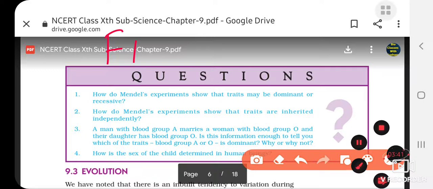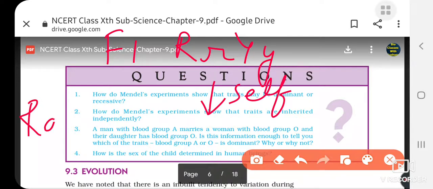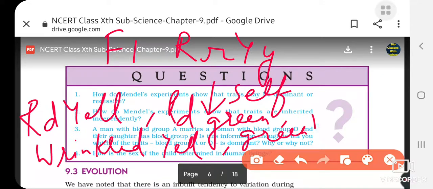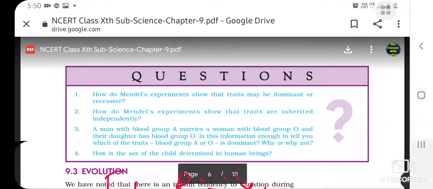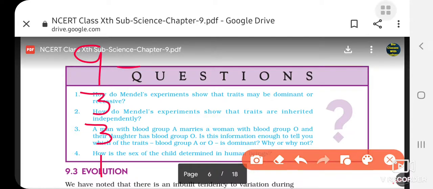The F1 progeny RrYy, that is round yellow, were selfed, that means self pollination, and in the F2 progeny he found that seeds were round yellow, round green, round yellow, round green, wrinkled yellow, and some were green wrinkled, and he got this in the ratio of 9:3:3:1. 9 were round yellow, maximum were round yellow.